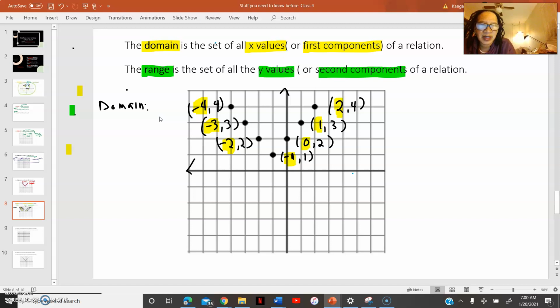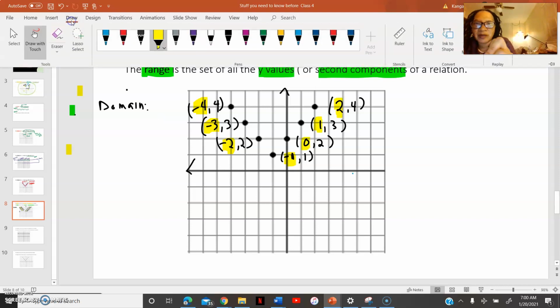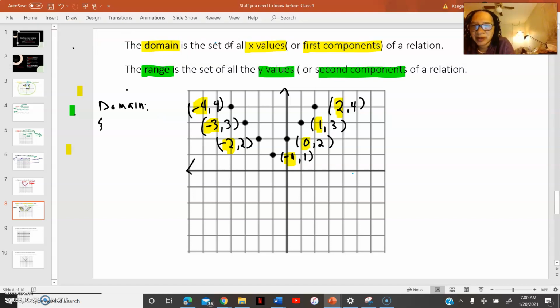So these in yellow are the domain, and when I'm writing out this answer for someone, I put it in set notation, and I say that the domain, the set of x values, are the numbers -4, -3, -2, -1, 0, 1, and 2. That's the domain. Where'd I get them from? From all of these yellow first component values.